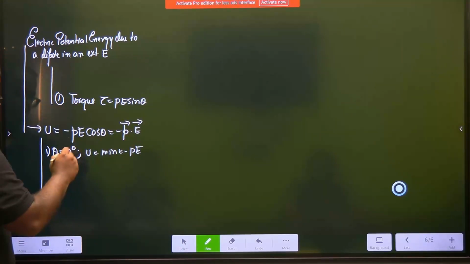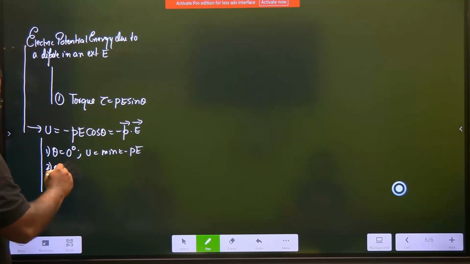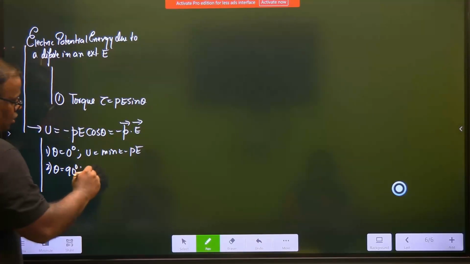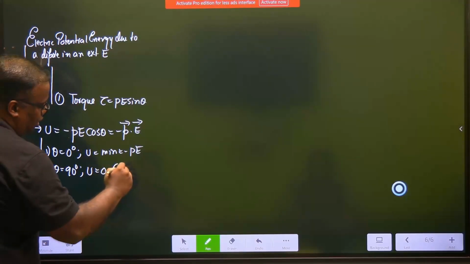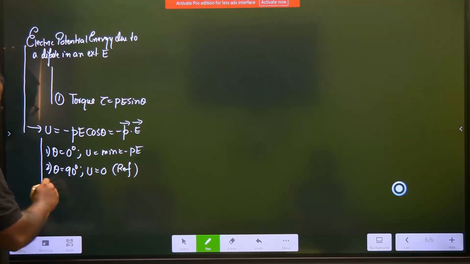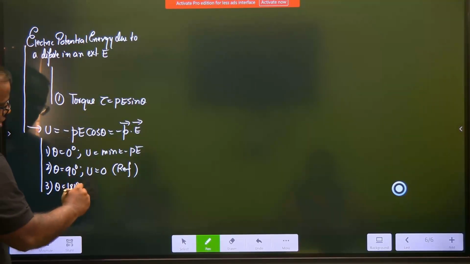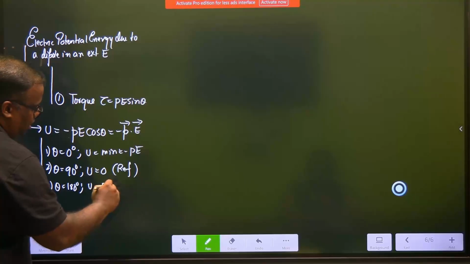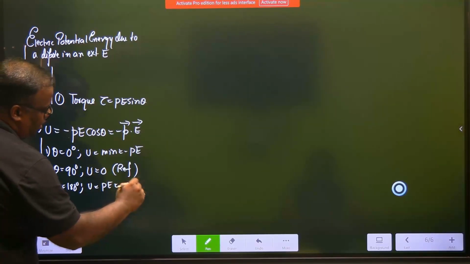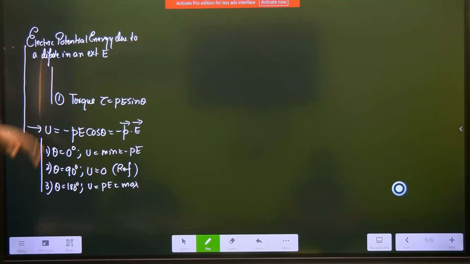Number two, theta equal to 90 degrees, U is equal to 0. This was the reference. And third, theta equal to 180 degrees, U is equal to PE, which is the maximum. This was when deriving it using torque.